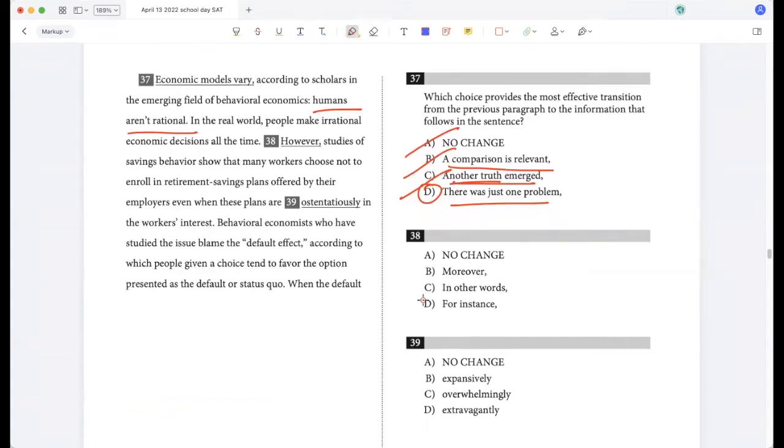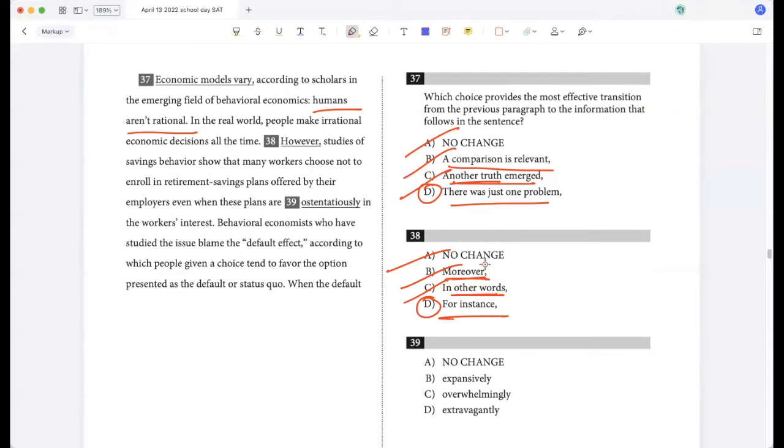Okay, so this is an example of how people do not make rational decisions, right? So I like, for instance. However, doesn't make sense because I'm not contrasting anything here. I'm not adding additional information, so not moreover. And I'm not repeating information in a simpler way, so in other words is also wrong.